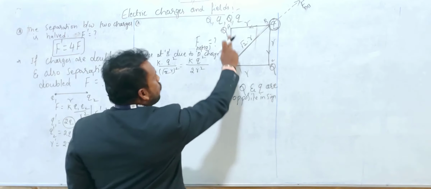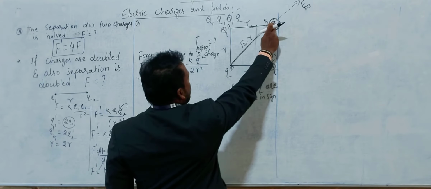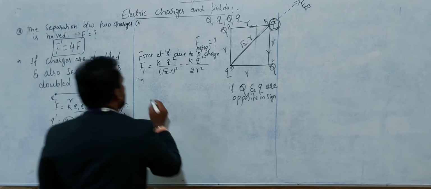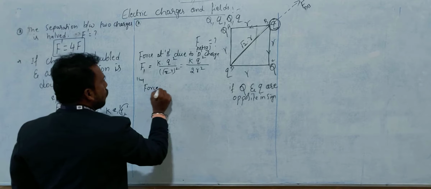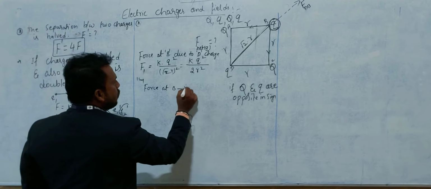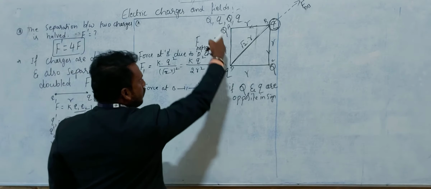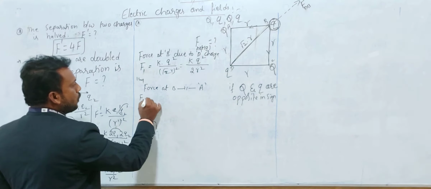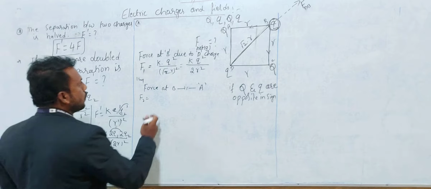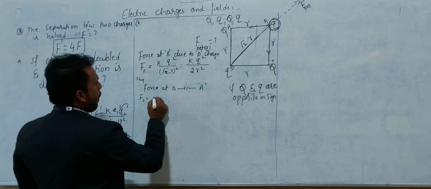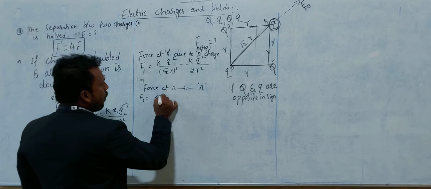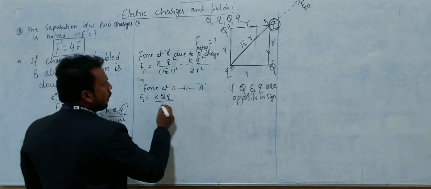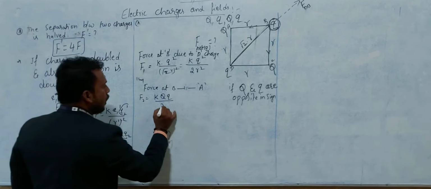Similarly, force at B due to A charge. The charge placed at point A is capital Q. Therefore, F2 is equal to K capital Q small q divided by separation R square.